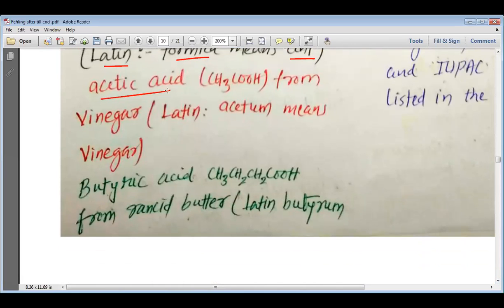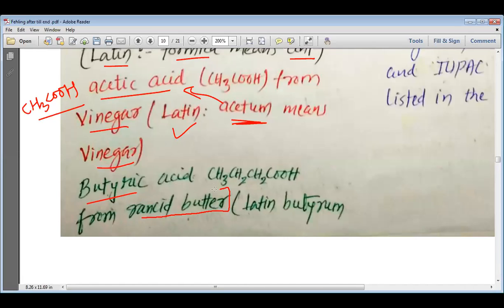Acetic acid, which is CH3COOH, is also known as ethanoic acid. It is obtained from vinegar, and acetum is the word that means vinegar in Latin, and that is why on the basis of acetum it is given the name acetic acid. In the same way, my dear students, butyric acid, CH3CH2CH2COOH, is obtained from rancid butter.